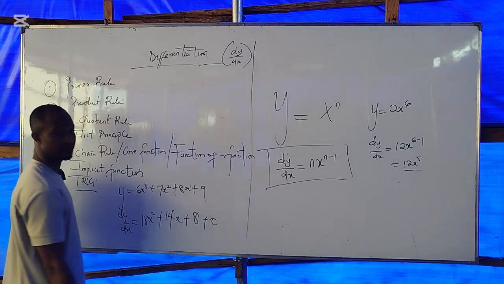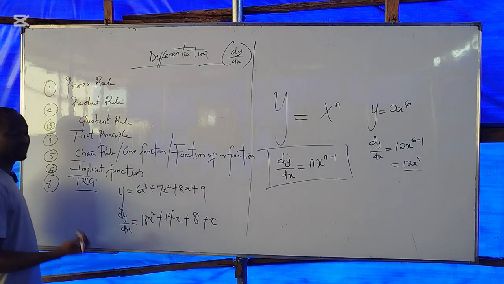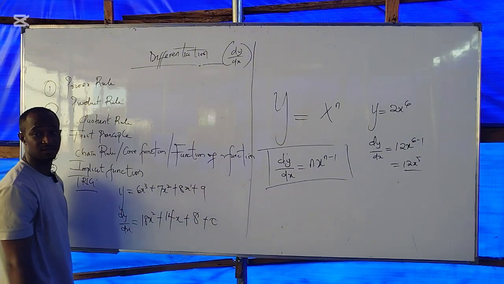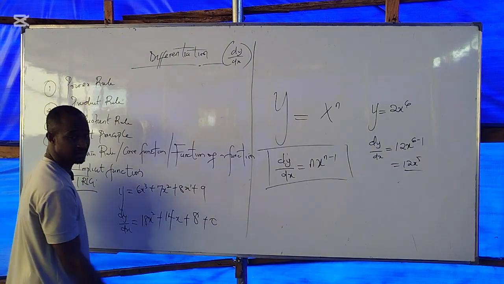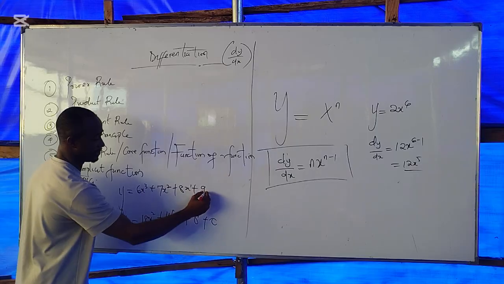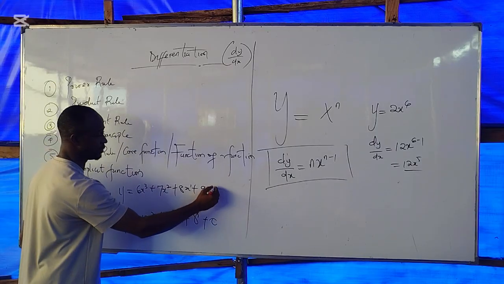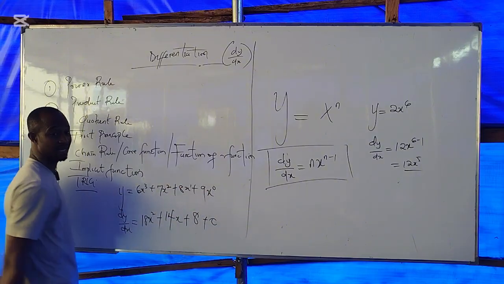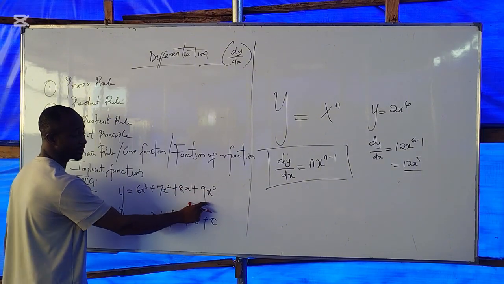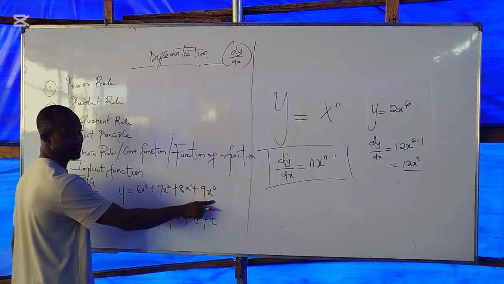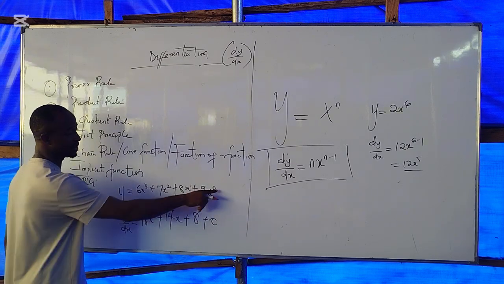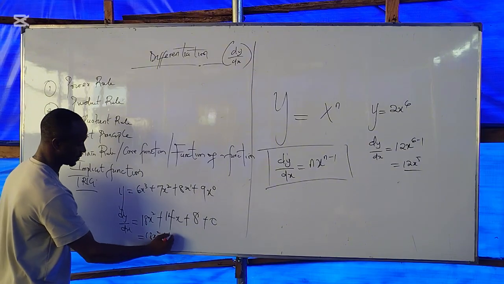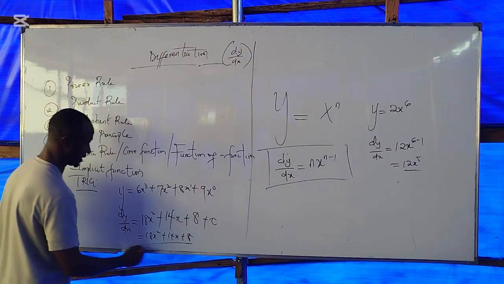Then plus 0, because every constant has a derivative of 0. 9 is the constant; it is the same as 9x raised to power 0, so 0 times 9 is 0. So here we have 18x squared plus 14x plus 8.